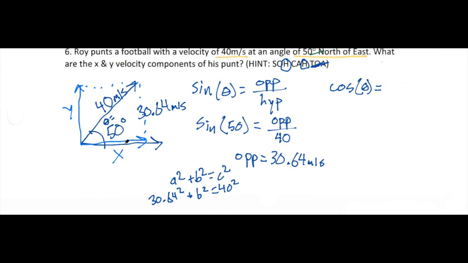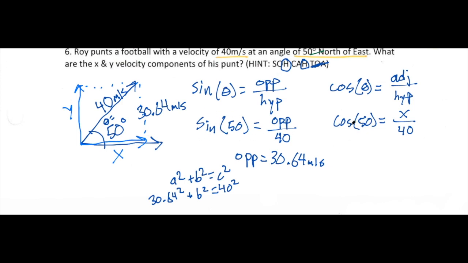When we're talking about adjacent, we're talking about adjacent sides, not hypotenuse. Cosine of 50. Again, we know the angle. We're using the same angle that we did before. My adjacent, I don't know, but I do know my hypotenuse. Same hypotenuse as we used before.